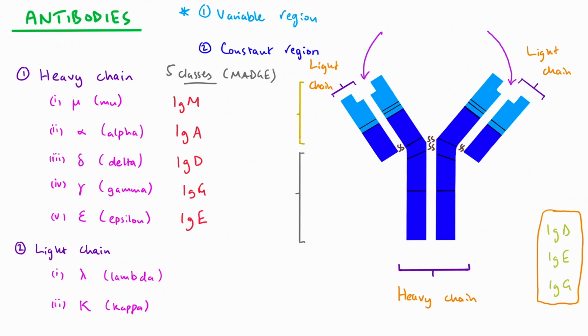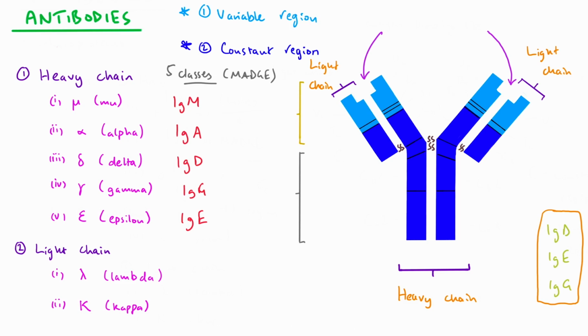So now that's clear in our minds, we can move on to the next part, which is our variable region and our constant region. And these are found in both the light chain and the heavy chain. Variable regions tend to be found at the top, depicted by the light blue region, and the constant region is found at the bottom, the second half generally of the light chain, and the bottom 3/4, if you like, of the heavy chain. Now, the variable region is the area in which the amino acids can change depending on the antibody that's coming from a specific clone of plasma cell.